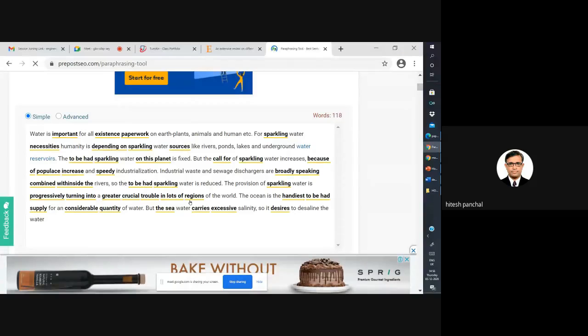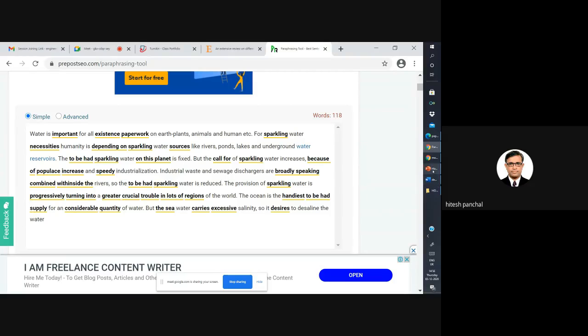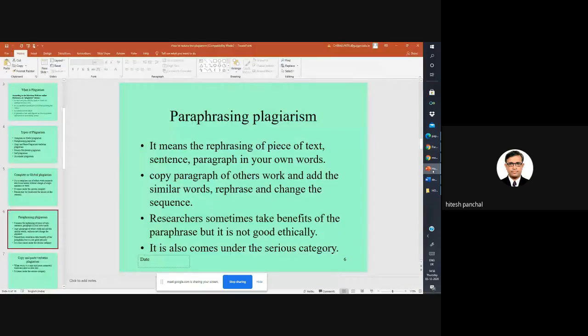Now if you check this paragraph in the Turnitin software, you will get 0% plagiarism. That is why this paraphrasing software is used by many researchers, and sometimes they take the benefit of the paraphrase.